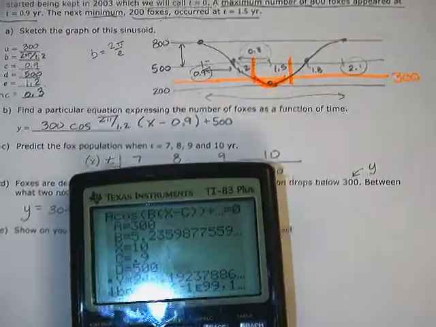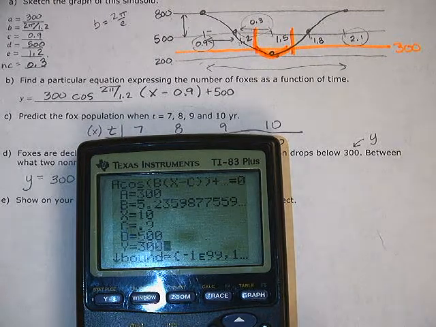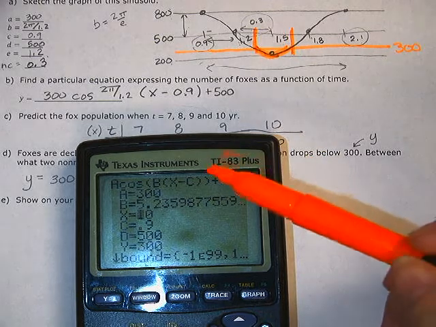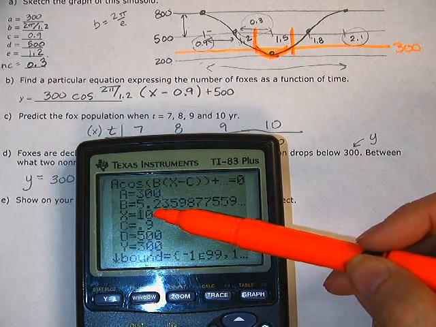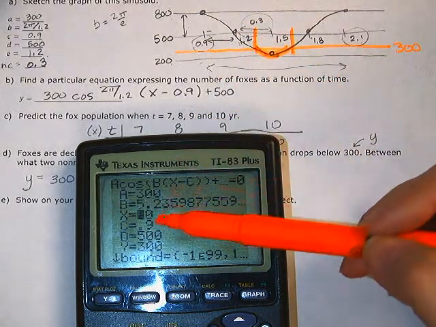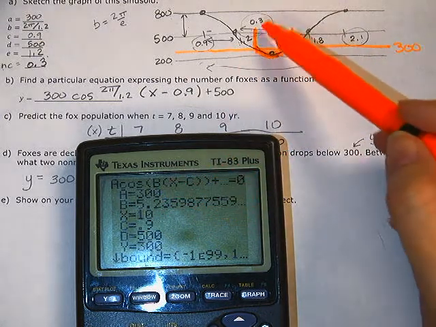So I'm going to put on my calculator 300 for the y. But if I leave my graph like this, it's going to look for where y is 300 close to 10. Well, I know it happens in more places, so it's not going to find this one if I leave a 10 there. So I need to make a guess that's close to this one right here.